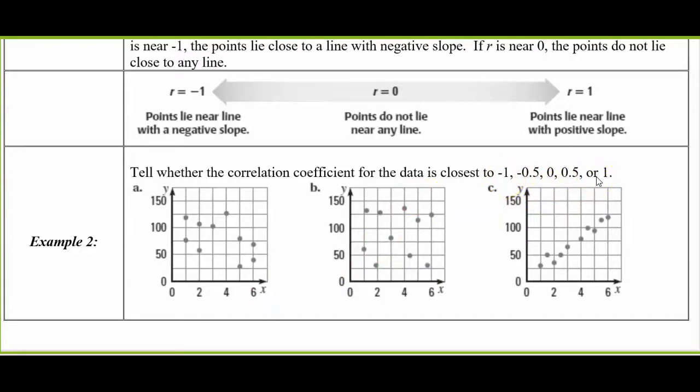Well, those points are going down, so my value is going to be negative. And then the points are not very close together, but they do show that downward relationship. So this would be a correlation of -0.5.